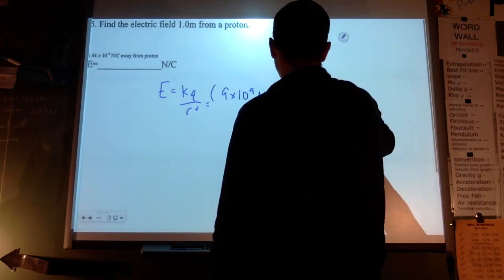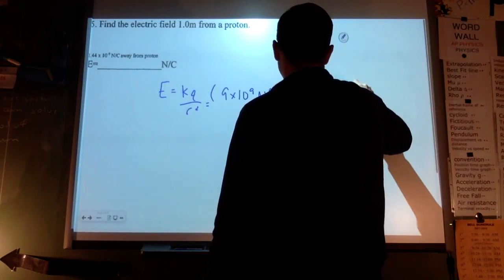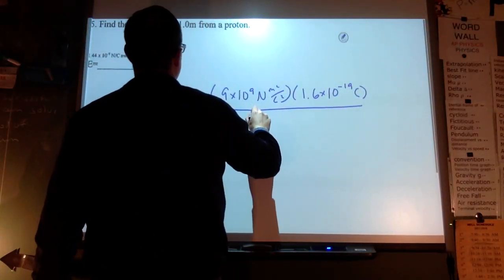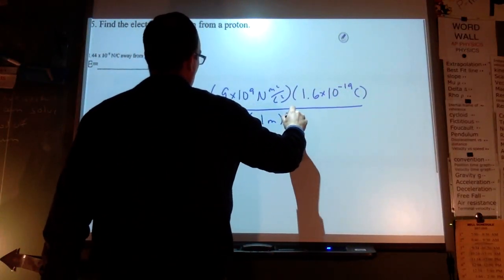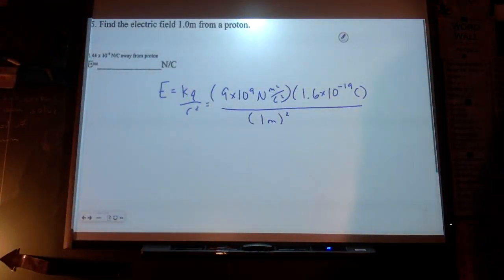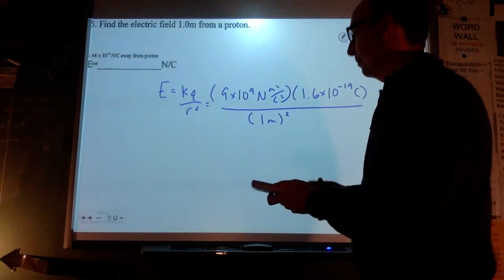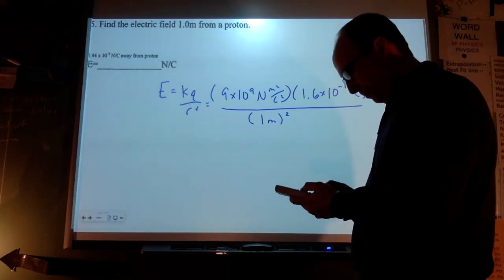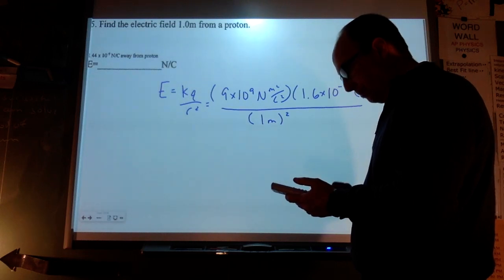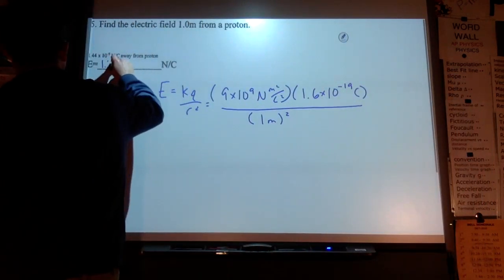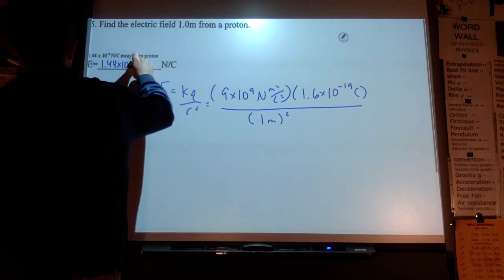The charge of a proton is this elemental charge, 1.6 times 10 to the negative 19. And we're 1 meter away. So I'm expecting a small field. So I got 1.44 times 10 to the negative 9.